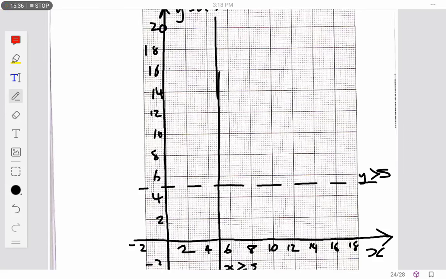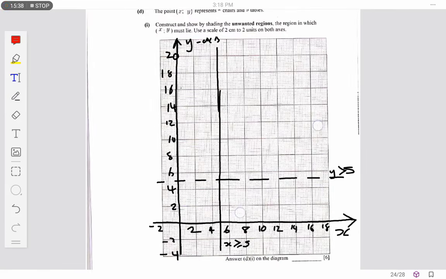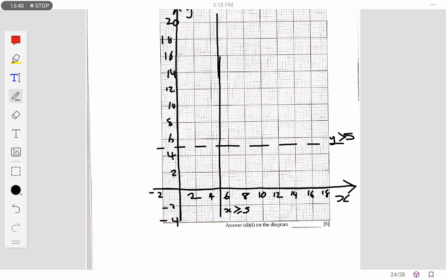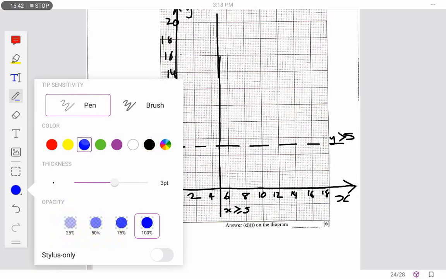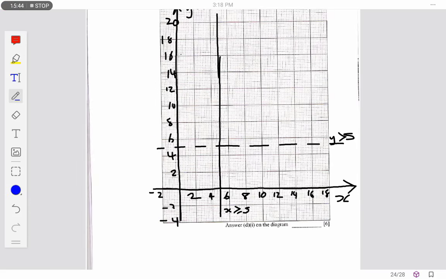Okay, fine. Then we have 2 points. Let me just mark the points now, using a different color. We have x is 0 and y is 16. That's this point here. Then we have y is 0 and x is 12. So it's these 2 points here. Okay, fine. And it's going to be a straight line.